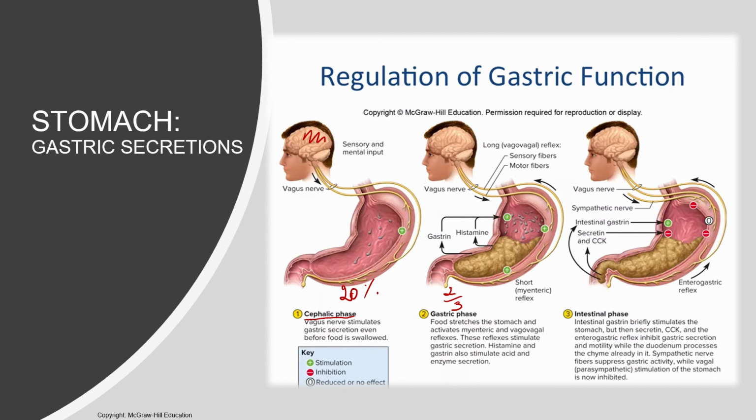As you can see, we've got the long vasovagal reflex and the short reflex. Both of them release ACh. It excites secretion of all secretory cell types, so it enhances the secretion of pepsinogen, HCl, and mucus. Actually, it plays a huge role in the first phase as well.